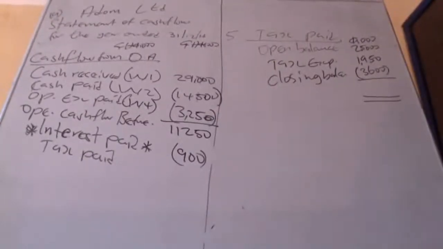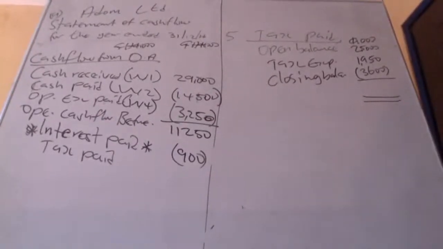So kindly add and give me the figures and let's see. What's the total? Putting all this together, that's 2,500 plus 1950, which will probably give us 4,440 less 3,600.